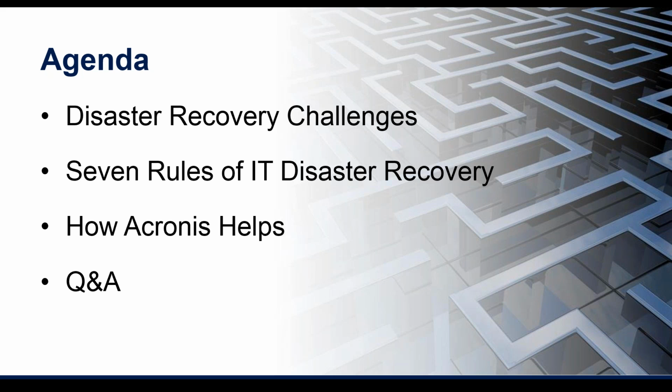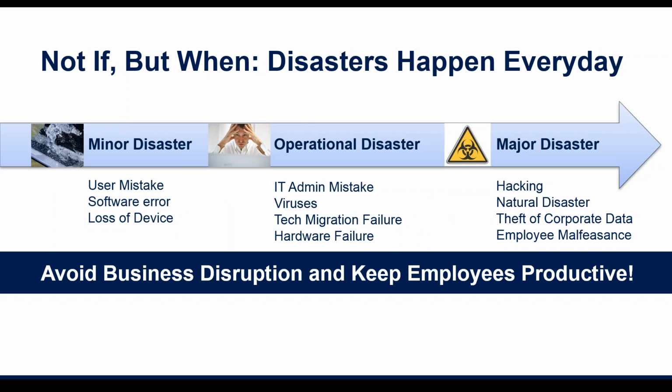So when you look at the disaster recovery challenges that are faced by companies, it's really not if, it's when. You all know that disasters happen every day, and while most people are going to think of the major disasters like a hurricane or a superstorm or some other regional type event, the reality is most of the disasters are minor disasters.